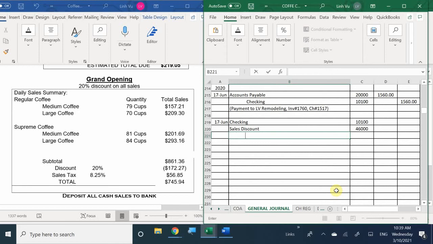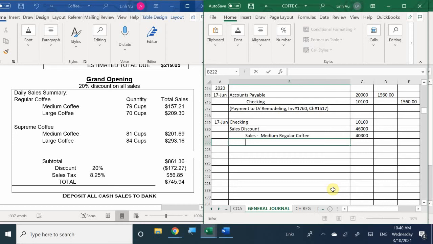So in this case, sales, and we're going to start with the medium regular coffee, account number 40,300. Now, I'm going to list out all of my accounts first, and then we'll go through the amounts afterwards.